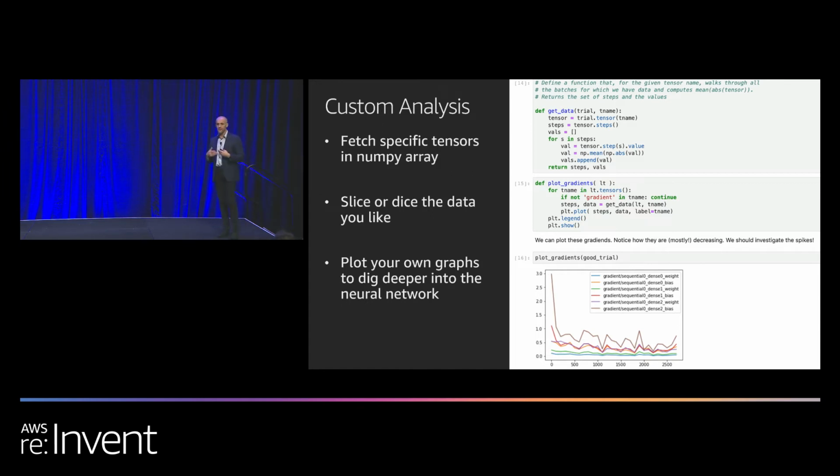This is something that is much simpler to deal with for your everyday developer than thinking about gradients. These are just matrices that you can just plot and compare and slice and dice as you wish.